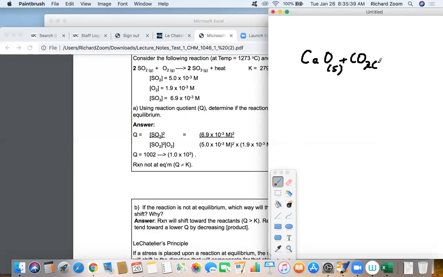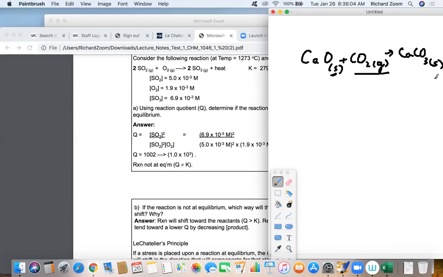So if you had, this might not be the best example, CaO solid plus CO2 gas becomes CaCO3 solid. The only thing you would count would be the gas molecule here. So you'll often see that in the examples as well.